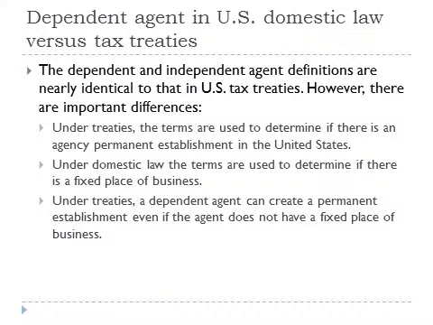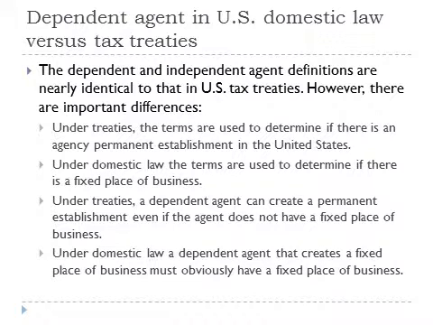Under treaties, a dependent agent can create a permanent establishment even if the agent does not have a fixed place of business. Under domestic law, a dependent agent that creates a fixed place of business must obviously have a fixed place of business.